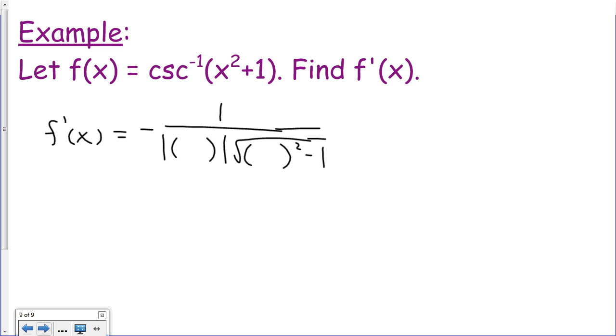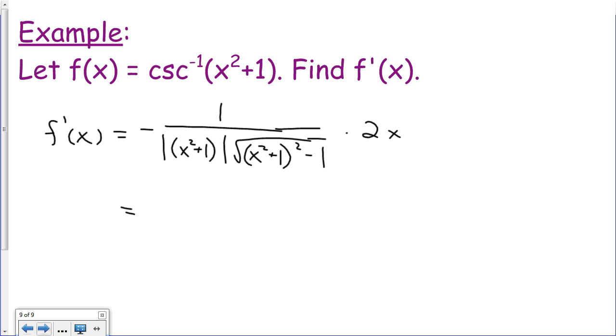That's just using the rule there for the derivative of cosecant inverse. And then chain rule says you substitute in the inside function, so it's an x squared plus 1 that goes here, and an x squared plus 1 that goes there. Again, use those parentheses to help you get this written correctly with that inside function in the right spot. And then finally, chain rule says you multiply by the derivative of the inside, which is 2x.